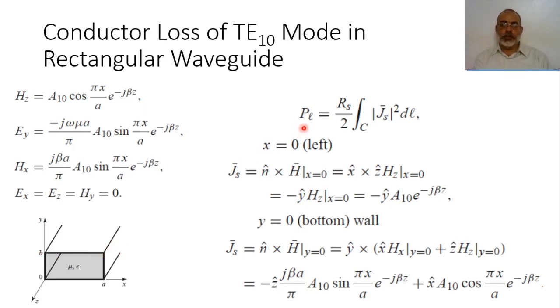So the power losses equal the surface resistance over 2 multiplied by the contour integration of the surface current J surface squared dl. The surface current is proportional to the tangential magnetic field, and the tangential magnetic field in the two planes x equals 0 and x equals a is Hz.